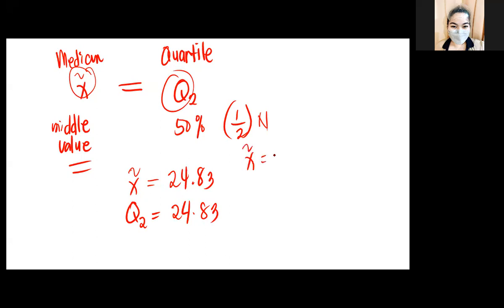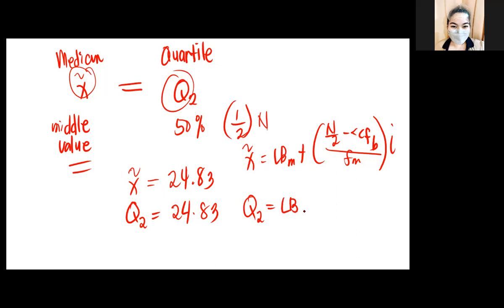Yung formula natin for median is lower boundary of the median class plus n divided by 2 minus cumulative frequency below divided by the frequency of the median class times i. So kung pareho sila or equal sila, we can also say that Q sub 2 is equal to the lower boundary of Q sub 2 plus n divided by 2 minus the cumulative frequency below divided by the frequency of the Q sub 2 class times i.